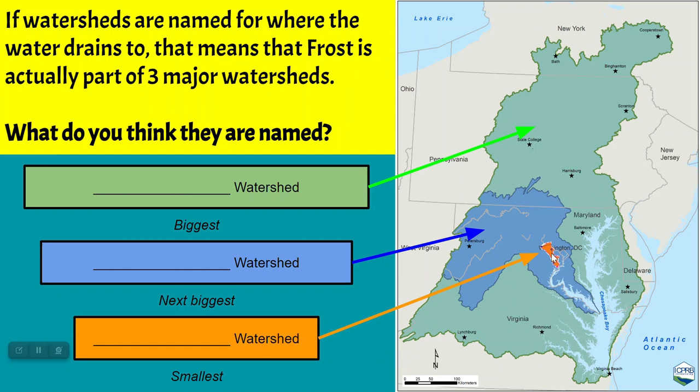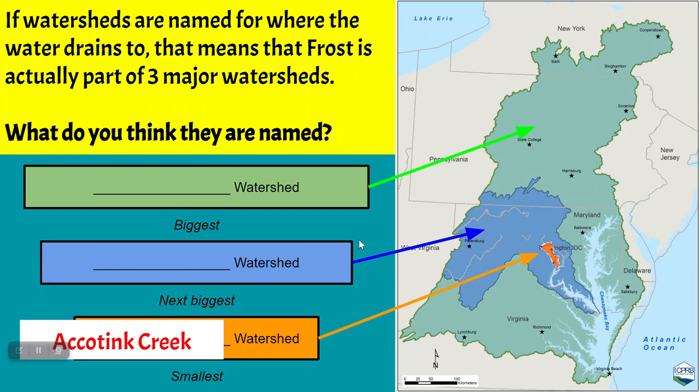So if I were to spill my coffee outside of the building of Frost and it goes into a storm drain, it's going to drain into the Accotink Creek watershed. This is Accotink Creek watershed. So it's going to go out of my coffee cup and onto the ground and into a storm drain, and it's going to drain into this Accotink Creek watershed.